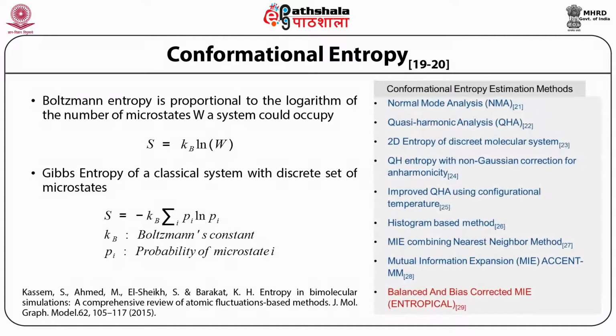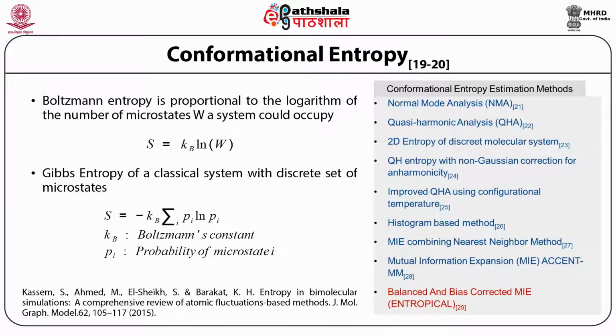Hence, many methods have been developed in the last 10-15 years to estimate the entropy, that means, as best as the entropy can be estimated. There are normal mode analysis, quasi-harmonic analysis, discrete molecular systems, many are listed over here.